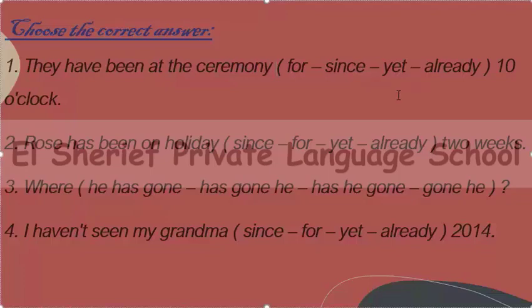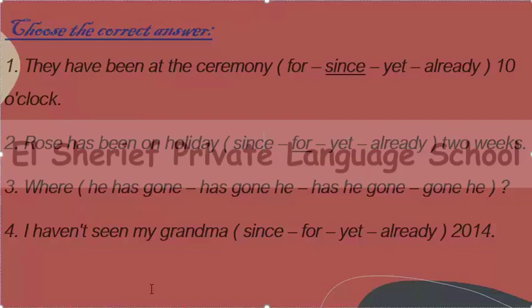Here he gives me the time that the action started, so we will use since. They have been at the ceremony since 10 o'clock. Number 2. Rose has been on holiday for, since, yet, already 4. We will use for, because he gives me the period of the action.